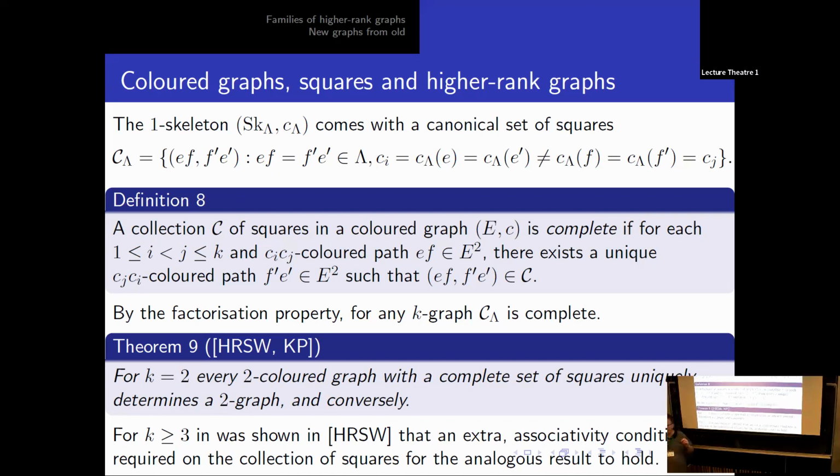I think somebody drew a picture of a cube with 3 colors going down 2 faces, and then using the colors in a different order, you can get from one corner to the other corner. You want those 2 things to be equal because they're a factorization of the same element. So you're forced to look at commuting cubes when K equals 3, and that gets a little bit complicated, and it's possibly why a lot of people shy away from 3-graphs, because it's a really hard condition to check.